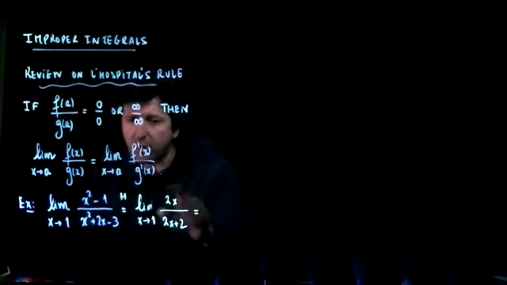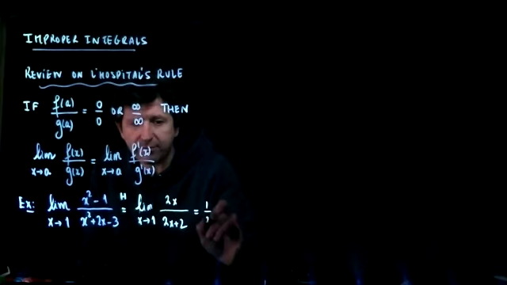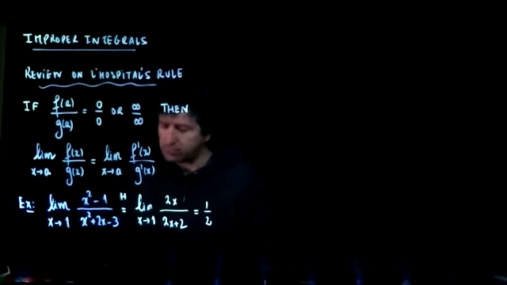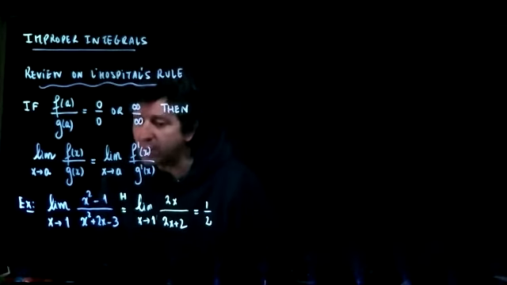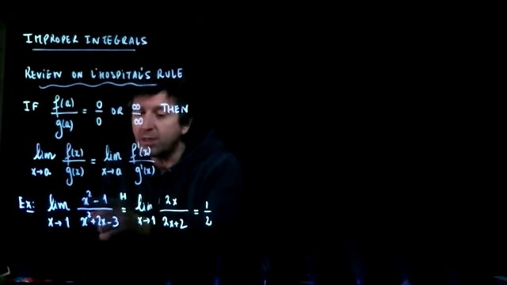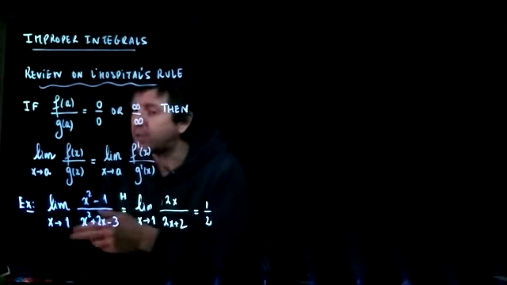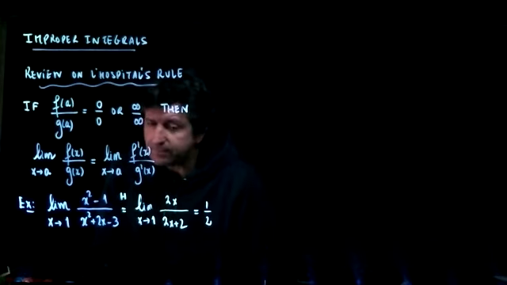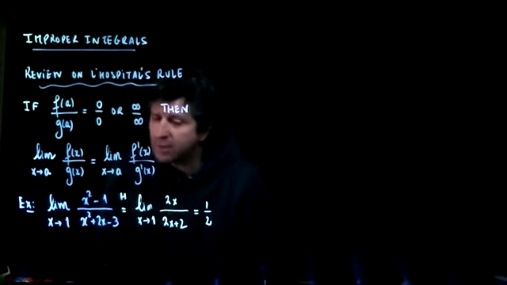And now I replace x with 1, I get 2 over 4, so I get 1/2. And that's my answer. Okay, that's one way to evaluate a limit instead of what you would have regularly done, which would be to factor the top, factor the bottom, and cross out an x minus 1. Okay, that's another option.